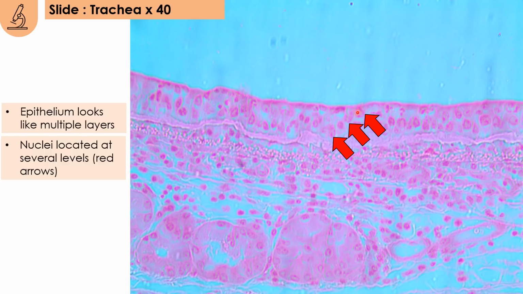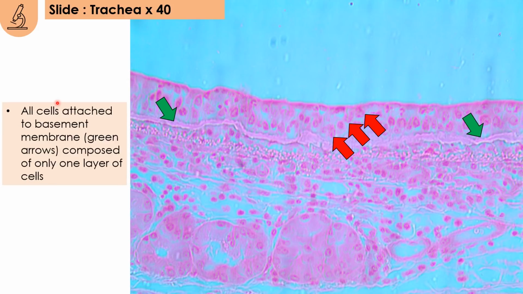It looks like multiple layers, but actually all the cells are attached to the basement membrane, shown by this green arrow. So this type of epithelium is actually just a single layer. It just looks like it has multiple layers.